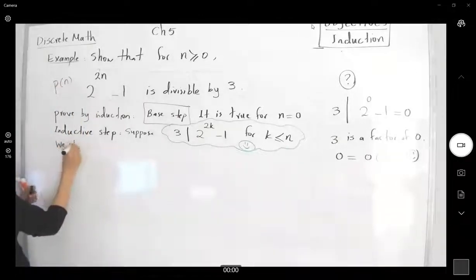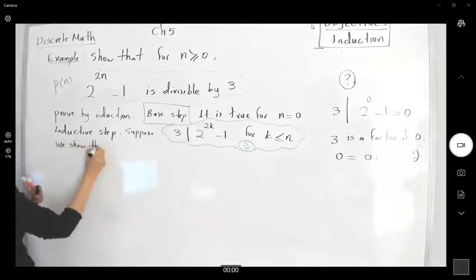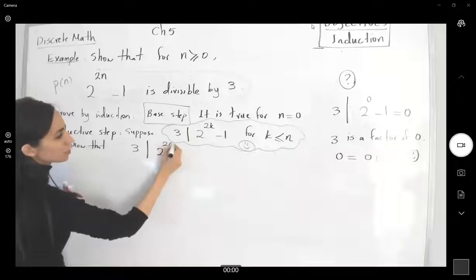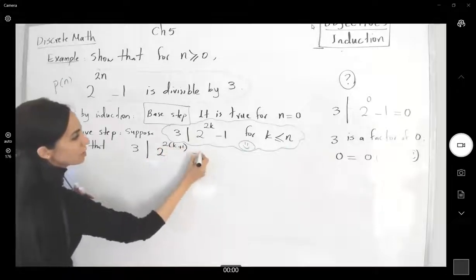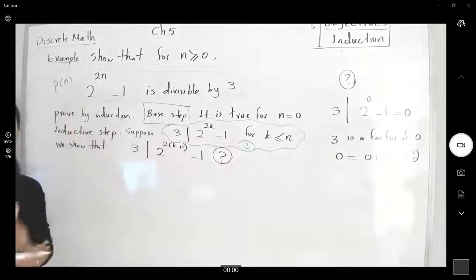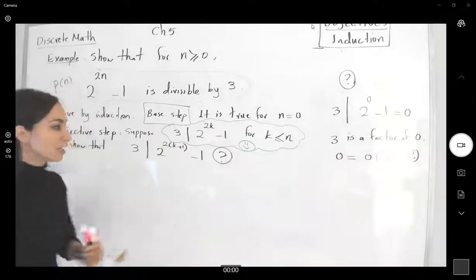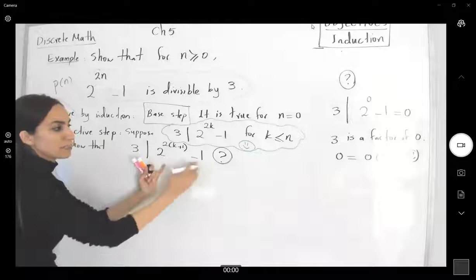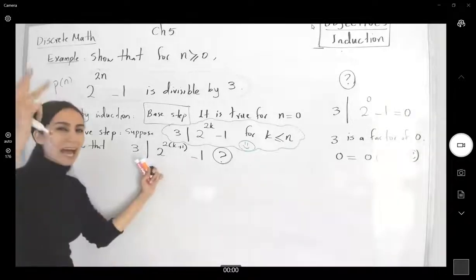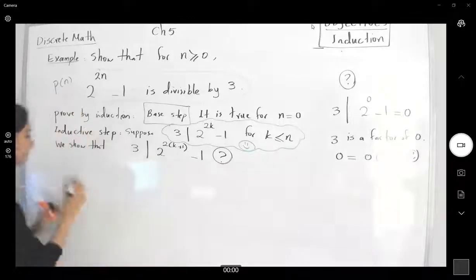You show that 3 divides 2 raised to 2 times (k plus 1), minus 1. This is what we try to prove. One technique is to break this expression down into the terms that have 3 in them.